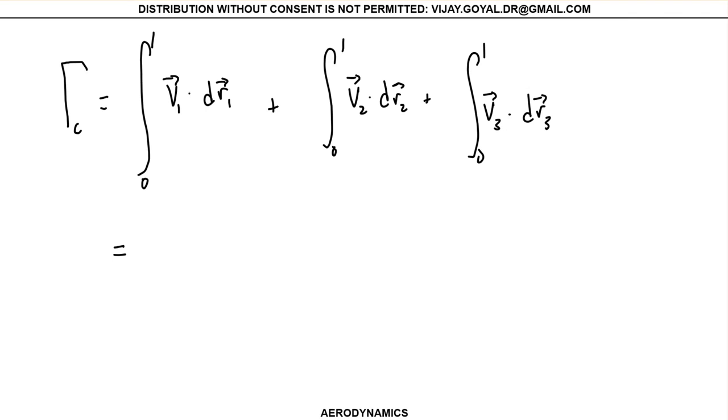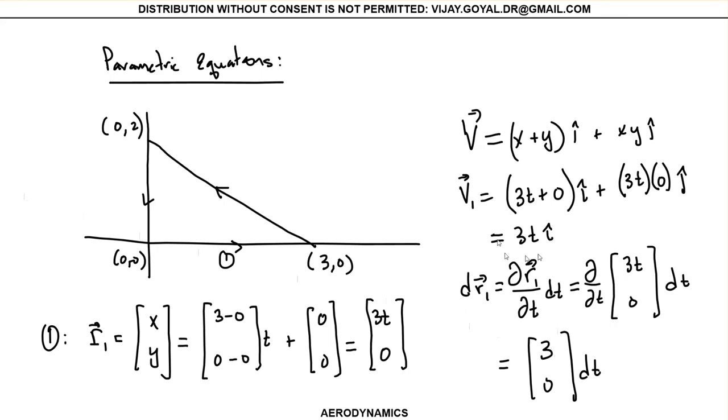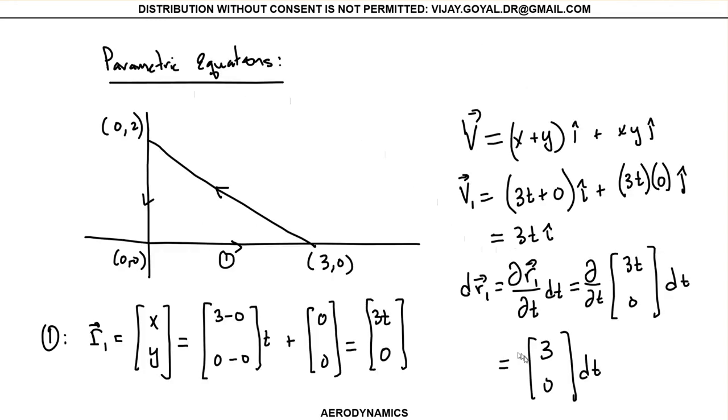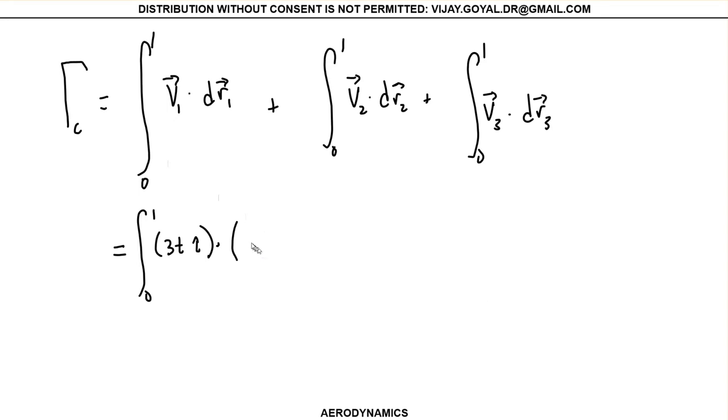For the first segment, I found my velocity is 3t, so this is the integral from 0 to 1 of 3t i dot 3i 0 dt.